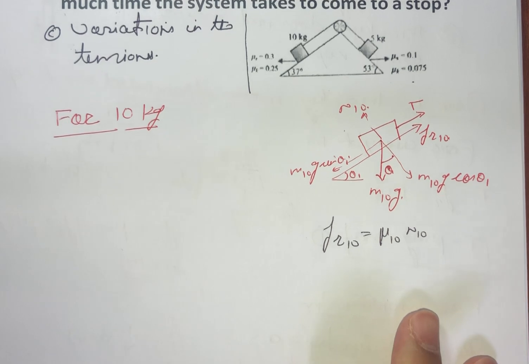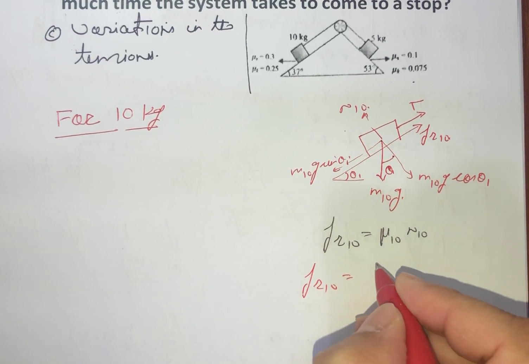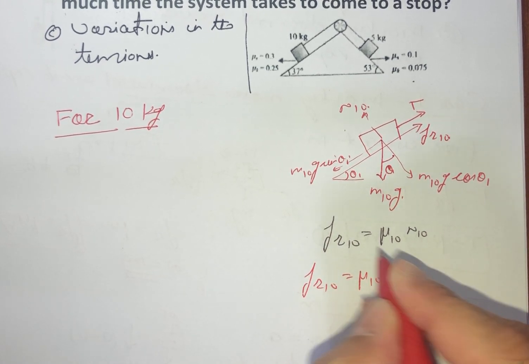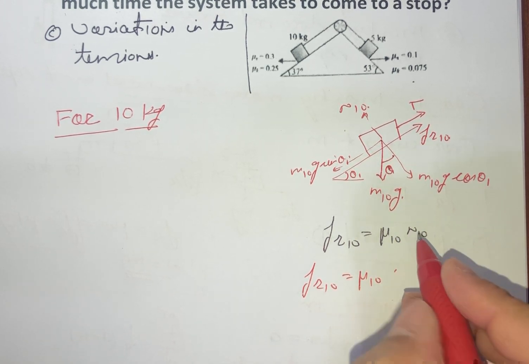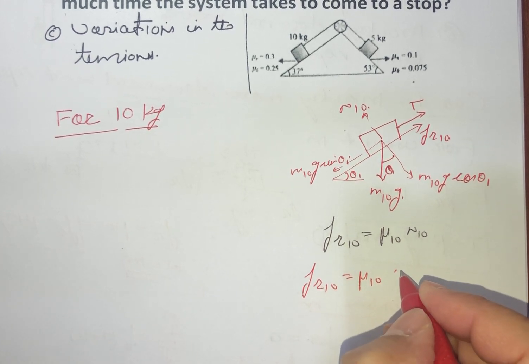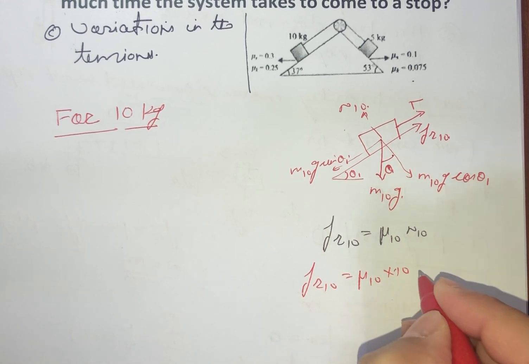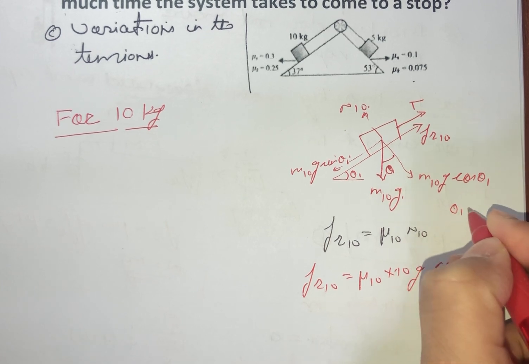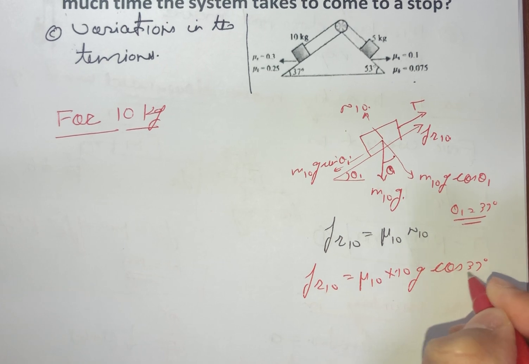So Fr10 is equal to mu10 multiplied by 10 kg, so this will be 10g cos of theta 1, which is 37 degrees.